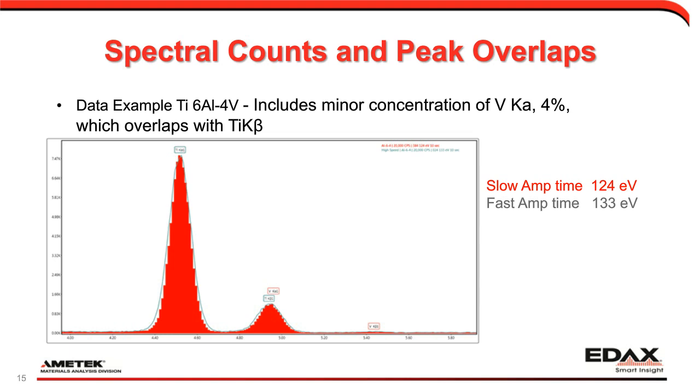Okay. So now we look at the peaks of the 124 EV and the 133 EV, and we see that there is very, very little difference in the resolution appearance of the peaks. But what we'll also see is that we truly will never separate the peaks, the titanium K-beta and the vanadium K-alpha, via actual peak discrimination.